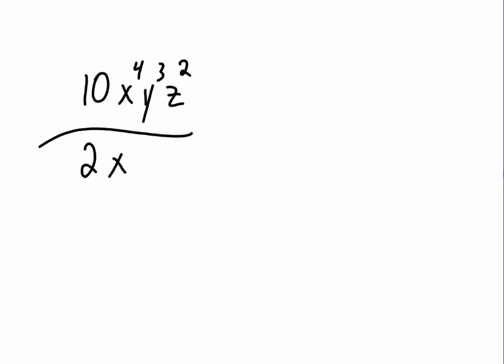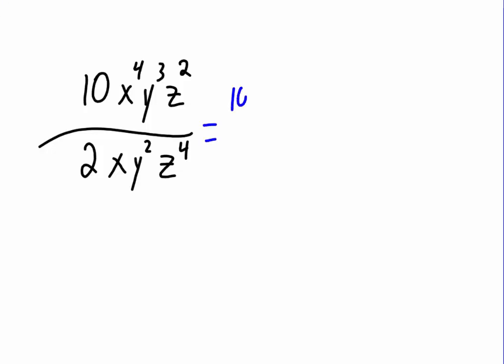So maybe something like 10 x to the 4th, y to the 3rd, z squared, all over 2x y squared z to the 4th. Okay, now we can do this just with the rules, or we can actually write this all out if we're confused. I'm just going to show you writing it all out just the first time.